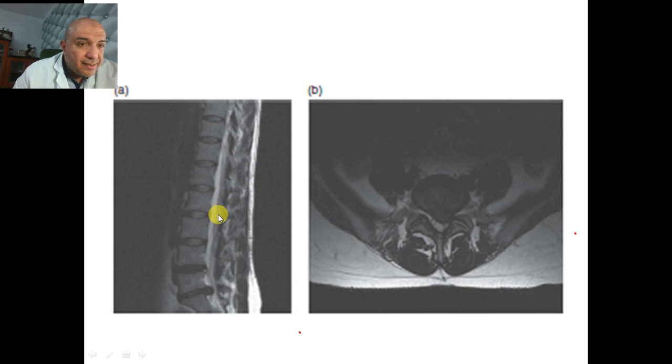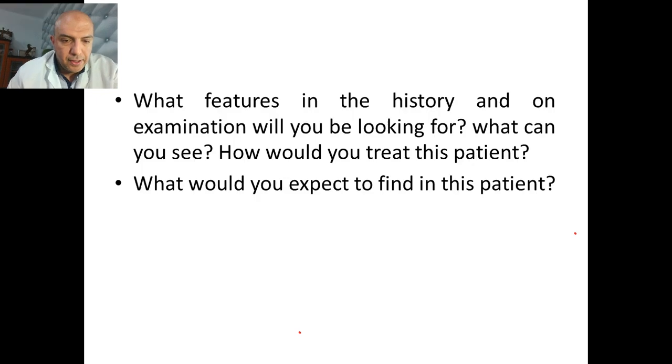So if I find L3 distribution, and he tells me that his thigh is aching, what is the relevance between neurological examination and MRI? Sure, this patient isn't ideal, or there's something wrong in your diagnosis. When you want to touch your patient, everything should be okay. So what are the features in history and examination you are looking for?